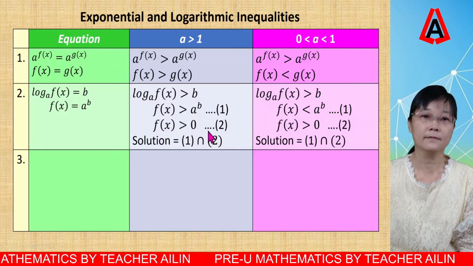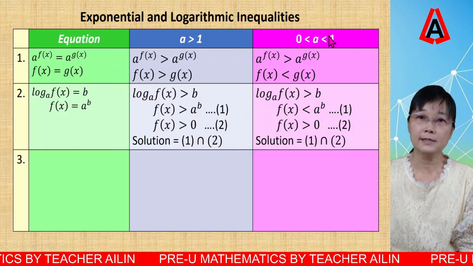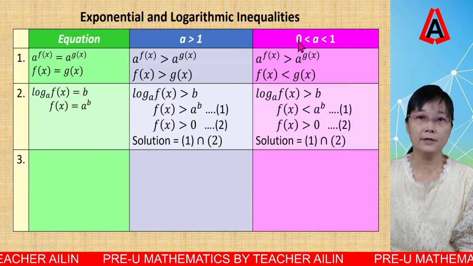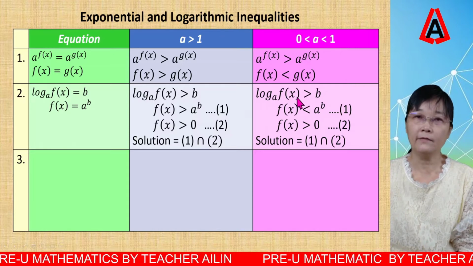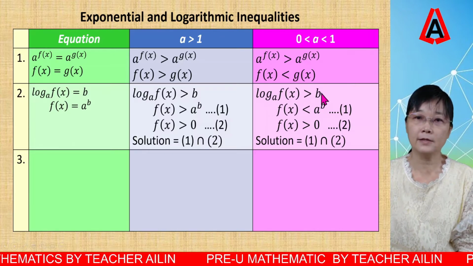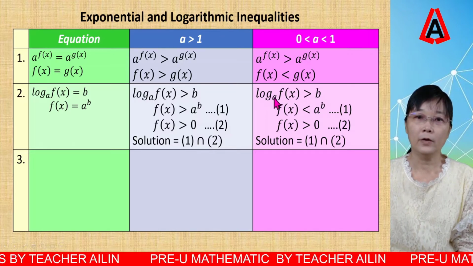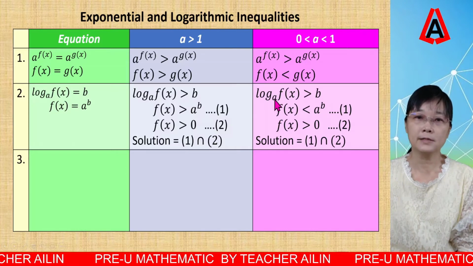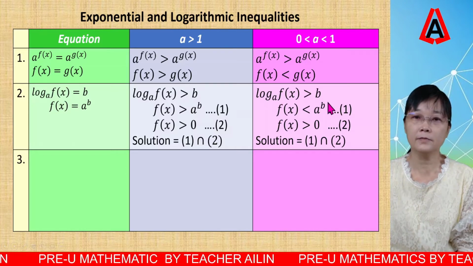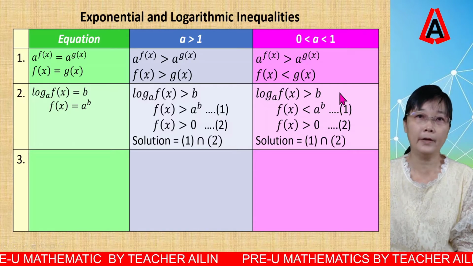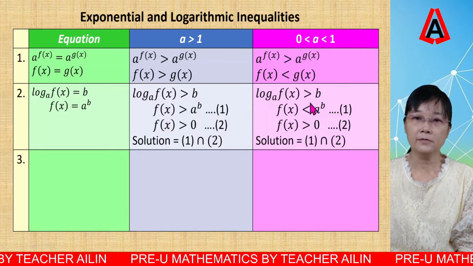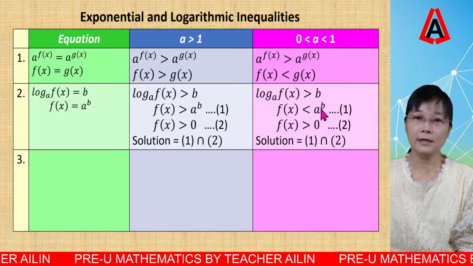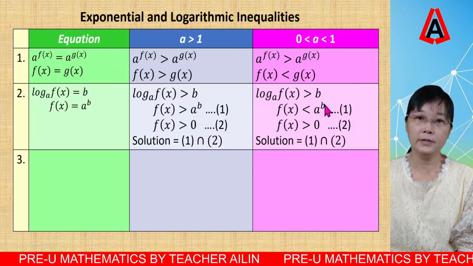Then if a is less than 1 and greater than 0, and the logarithm of f of x with base a is greater than constant b, when we shift the base a from the logarithm to the right hand side it becomes the base of the exponent, then f of x becomes less than a power b.